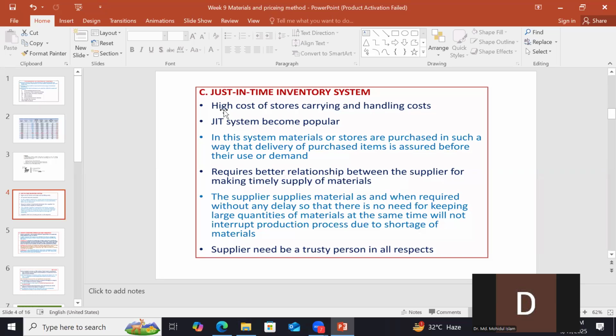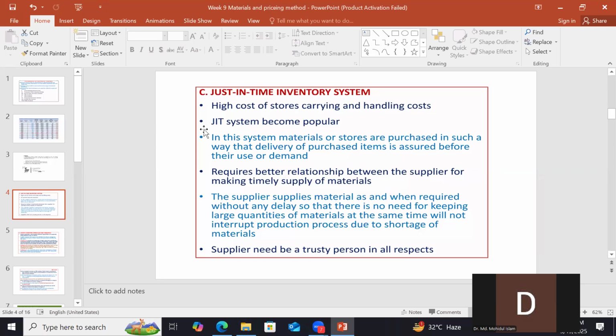The first criterion is high cost of store carrying and handling. Handling and store costs are very high because just in time means instantly delivery, instantly production. So cost is high, no doubt.